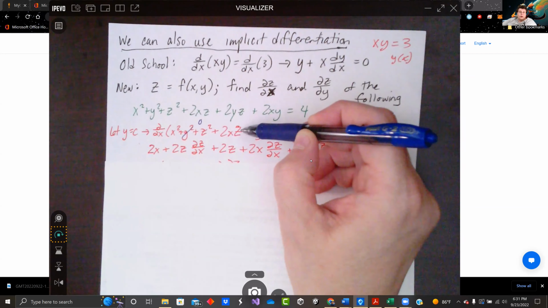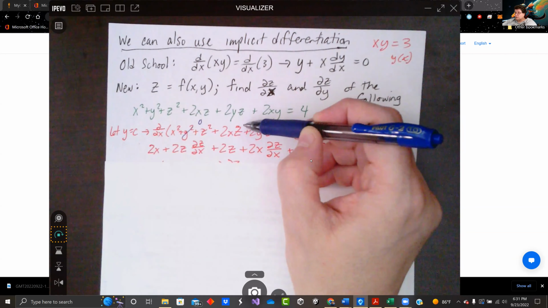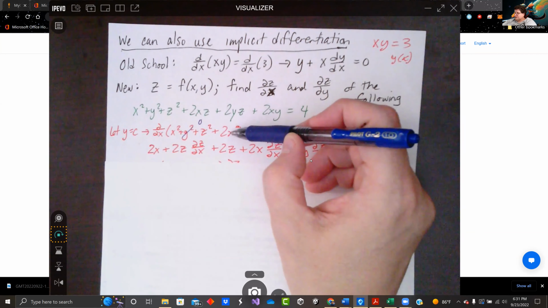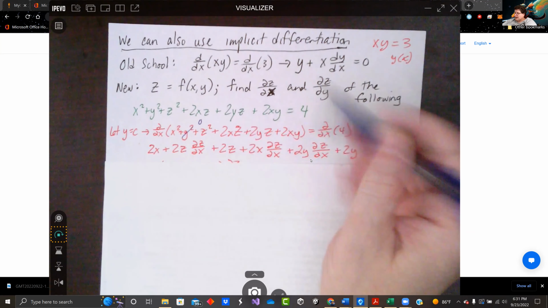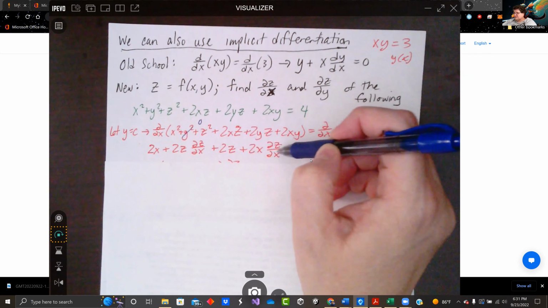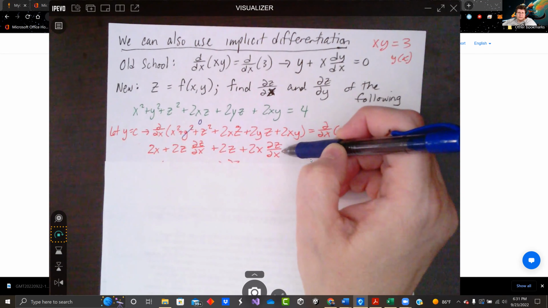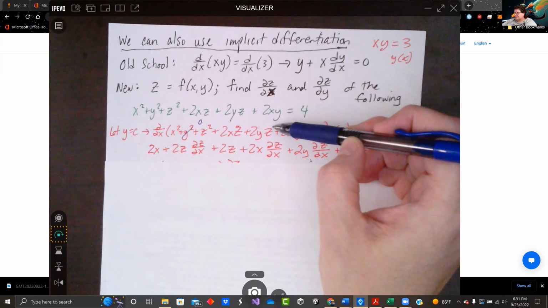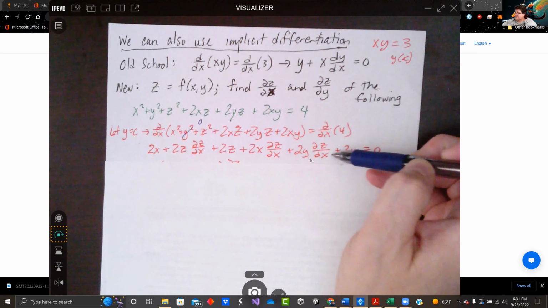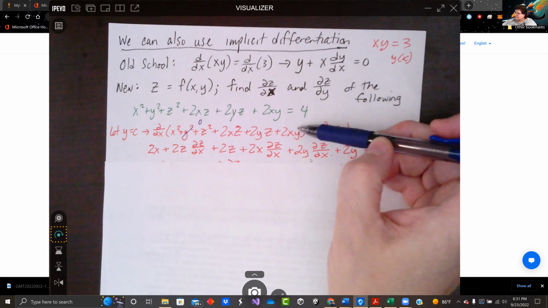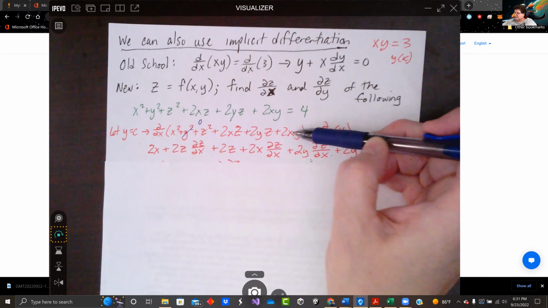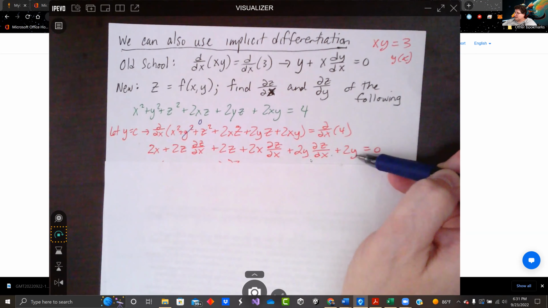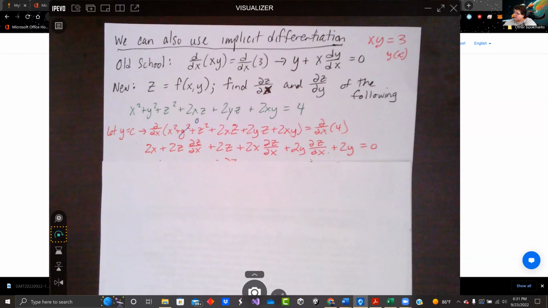They're both related to x, so we have to do a product rule. I did the derivative of the first, getting 2z, and then I left x alone, did the derivative of z, and I have 2x times the partial derivative of z with respect to x. We do 2yz, only z is related to x, 2y is a constant, so I've got 2y dz dx. And then for 2xy, the only variable there is x, derivative is 2y, the right side is obviously 0.